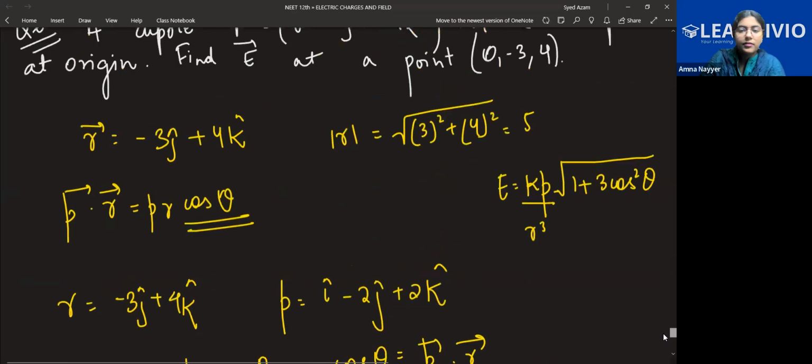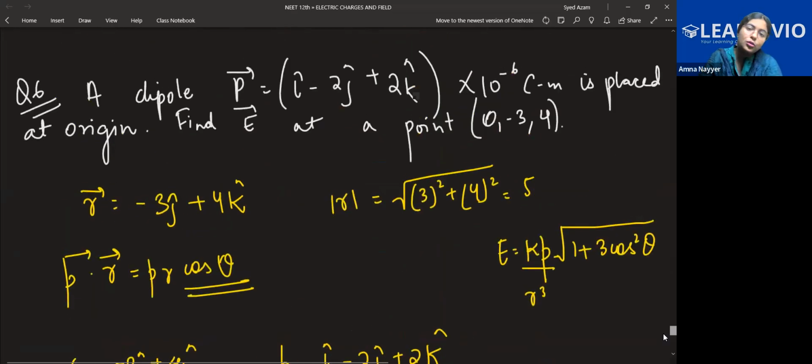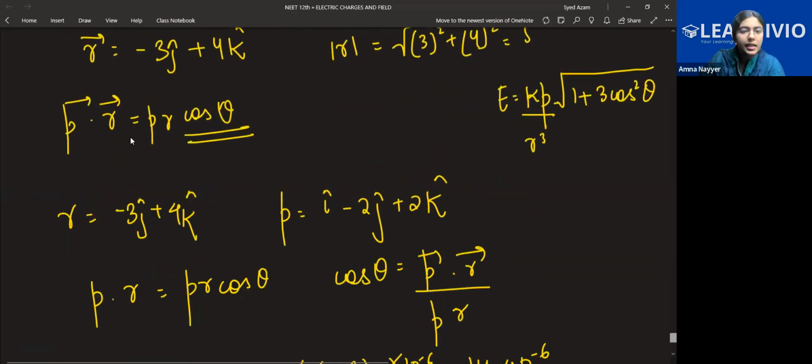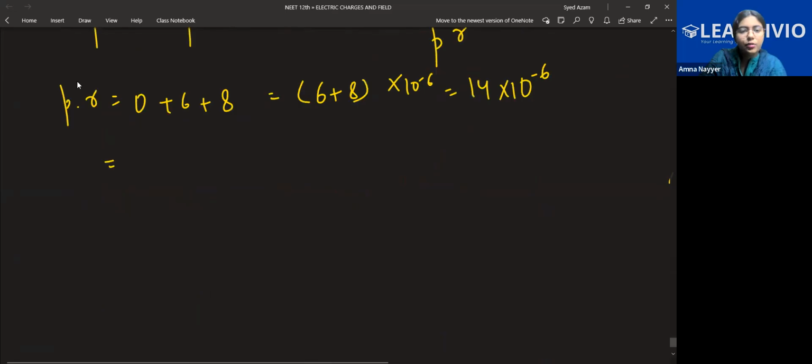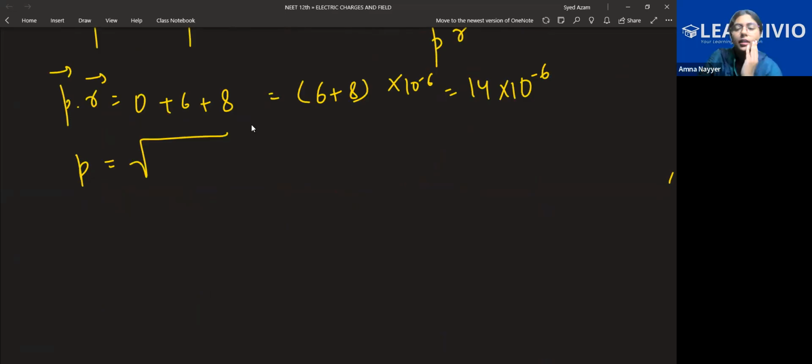What are the values? 1, 2 and 2. The magnitude will be 1 square plus 2 square plus 2 square.